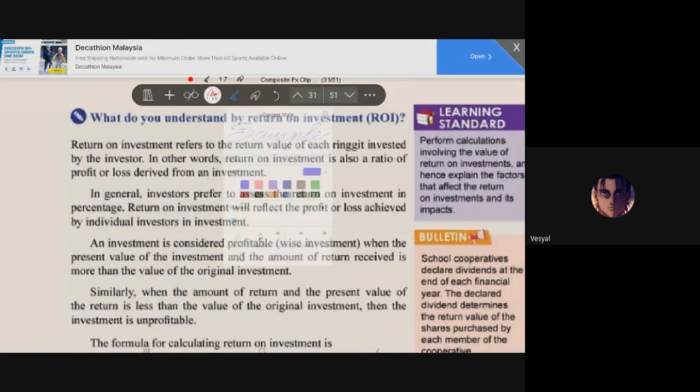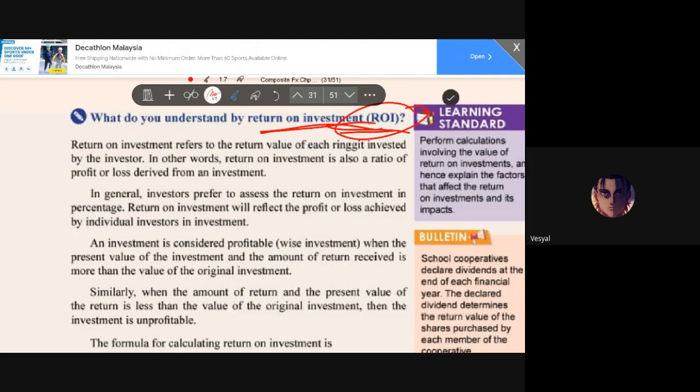So next one. What do you understand about ROI? This one we just now someone said. I think it was just what is ROI. So ROI. So this is the definition here. Sometimes they'll ask you. So it's the return value of each ringgit. Means per RM1, what is the return value invested by the investor?